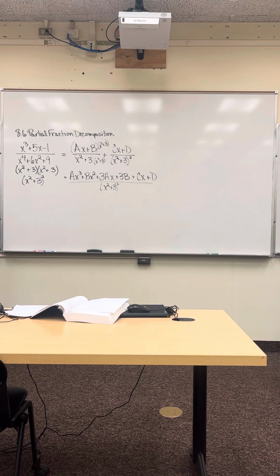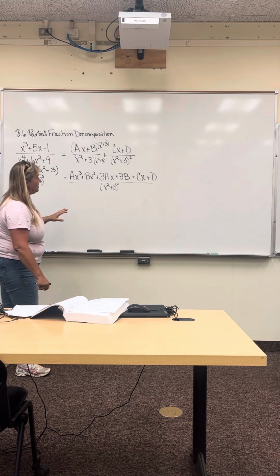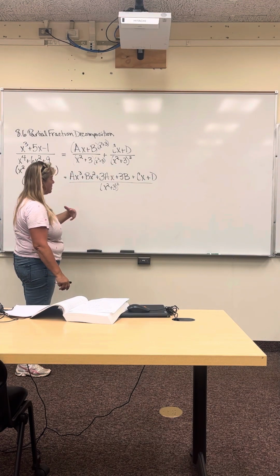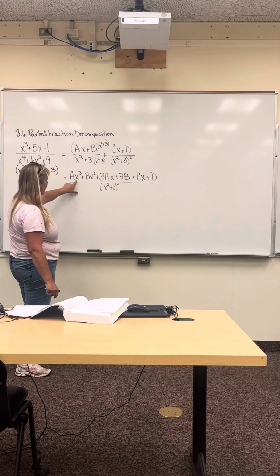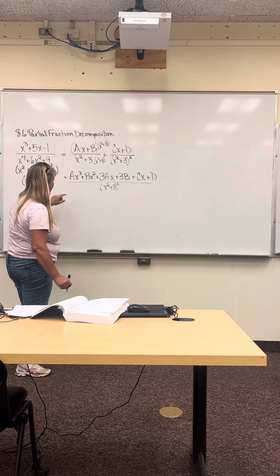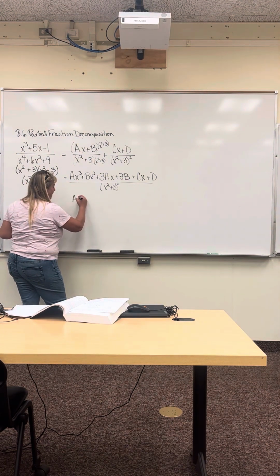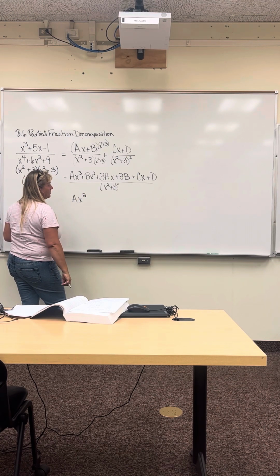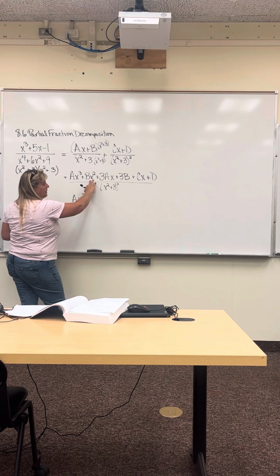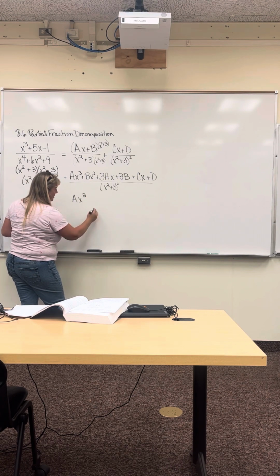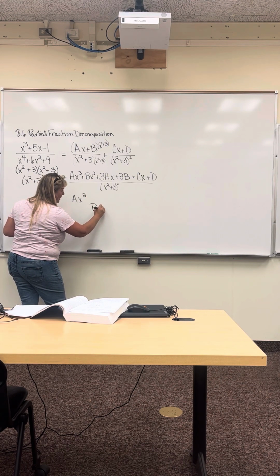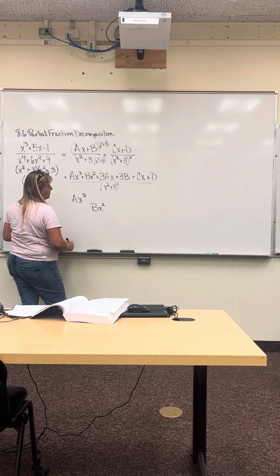Now, just like we did before, we're going to line up all of the x terms with each other. This one ends up looking a little bit ugly because there's nobody that goes with the Ax cubed, and there's nobody that goes with the x squareds, so that's just going to be Bx squared.